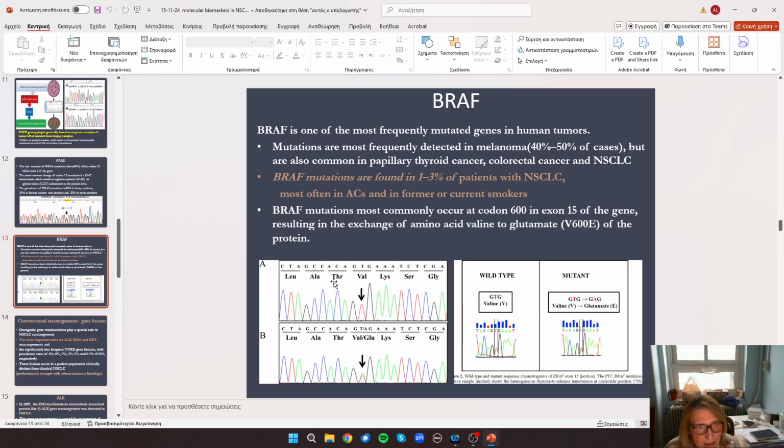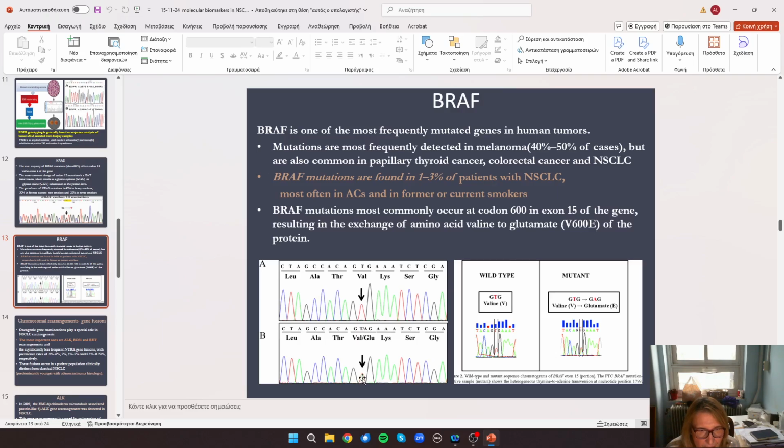On the right side, these are Sanger analyses for two patients. Patient A has a normal BRAF gene. At this codon is the normal GTG, one peak. Patient B has mutant BRAF and especially this specific mutation V600E.